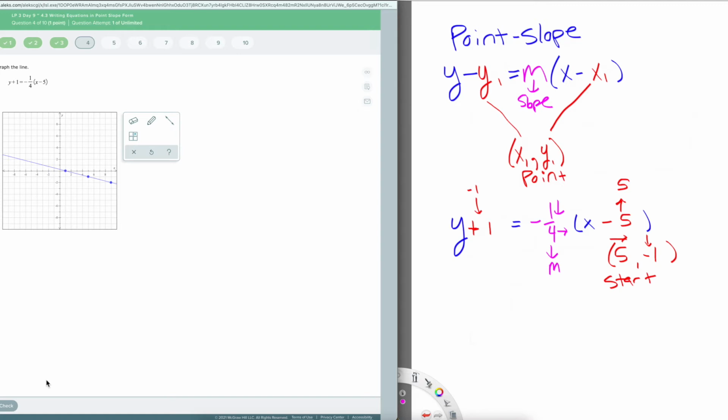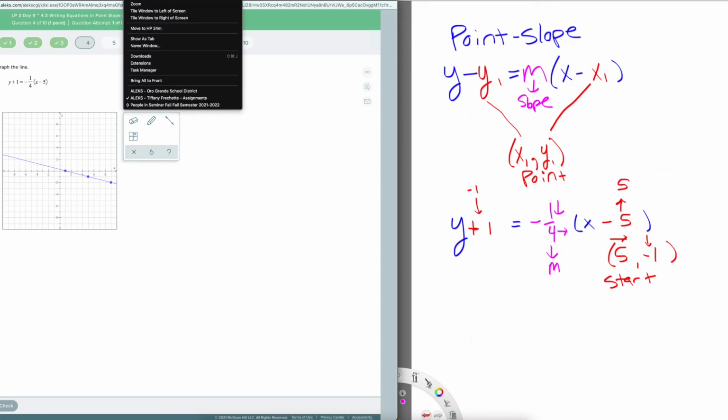Uh-oh, did it freeze? I think it froze. Let's see, window. Oh, I don't see reload the window.